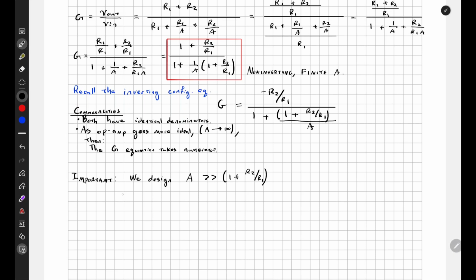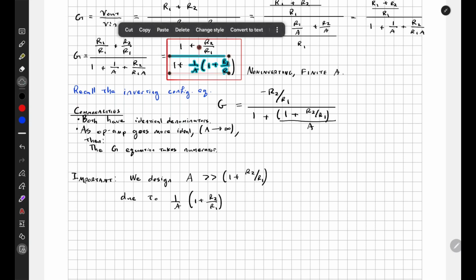The reason is because it is due to the following term. So due to this term, it is very crucial that we design A to be much bigger than this numerator value.